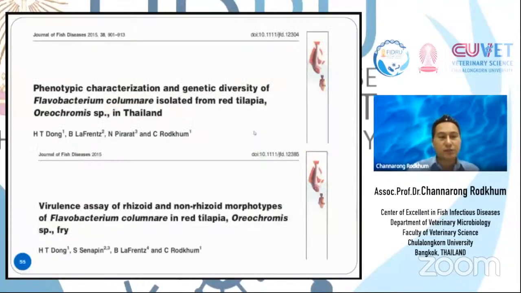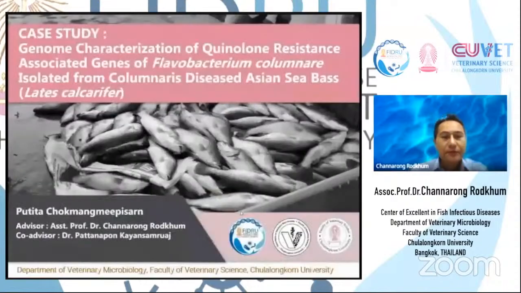Then we published our results in the Journal of Fish Diseases in two titles: the phenotypic characterization and genetic diversity of Flavobacterium columnare isolated from red tilapia in Thailand, and the virulence assay of rhizoid and non-rhizoid morphotypes of Flavobacterium columnare.